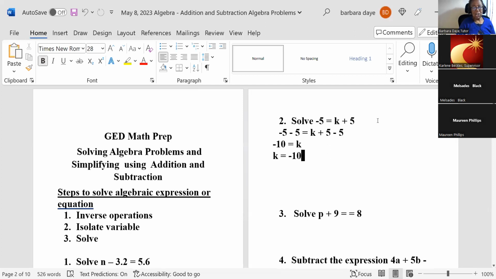Remember I told you how you could check it? Plug your answer for the k. If your right and left side are not equal, then your answer is not correct. So when you said 5, 5 and 5 is 10, and 10 is not a negative 5.